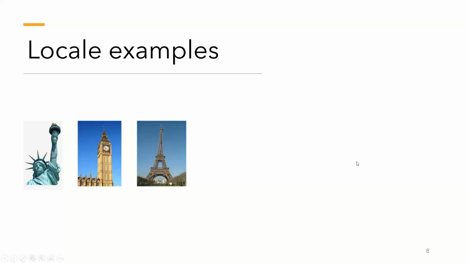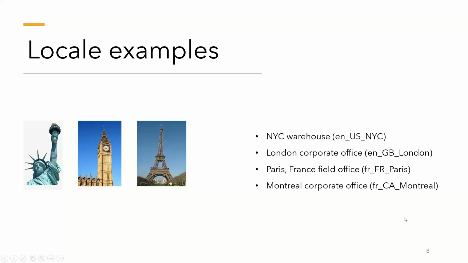So this can be represented by a locale. So you'll notice here I've added a locale designation to the language designation. So for New York City warehouse, we have EN, US, NYC. For London, we have EN, GB, London. Paris, France, FR, capital FR, Paris, and Montreal, FR, CA, Montreal.